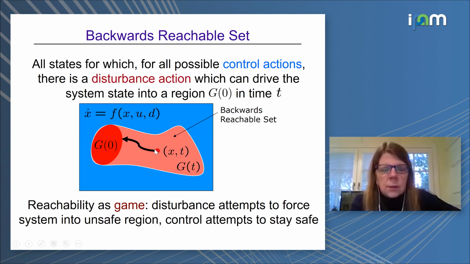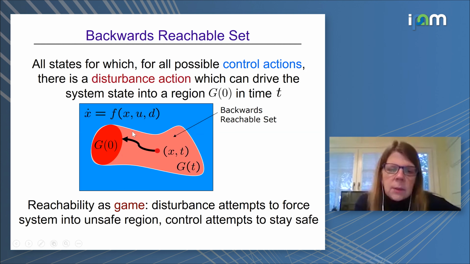So the interpretation here is that we're working over a time horizon which ends at time 0. So t is some time before time 0, and we're computing that set backwards in time, or we're trying to characterize and then compute this set backwards in time.